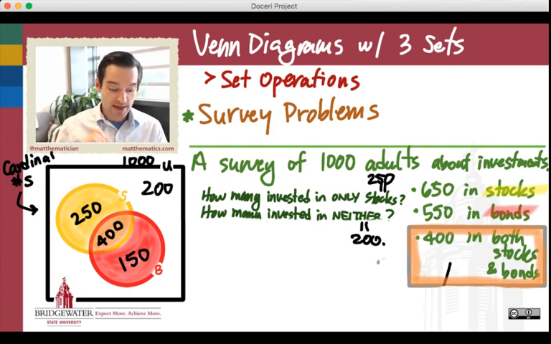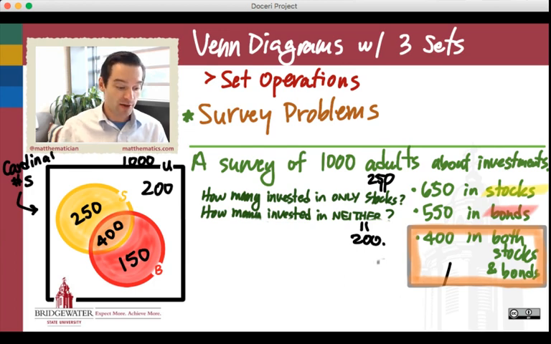The big idea of the strategy was working our way from the inside out, the innermost overlaps, the innermost intersections in the survey, in the Venn diagram, and then working our way out using the information that we have until we've gotten all the way out to the complement of the union of all of our sets. And at that point, we then have labeled every single possible region in our Venn diagram. The other thing to take away from this along the way was the way that we used notation and set operations to talk about the sets that we were interested in in this problem.